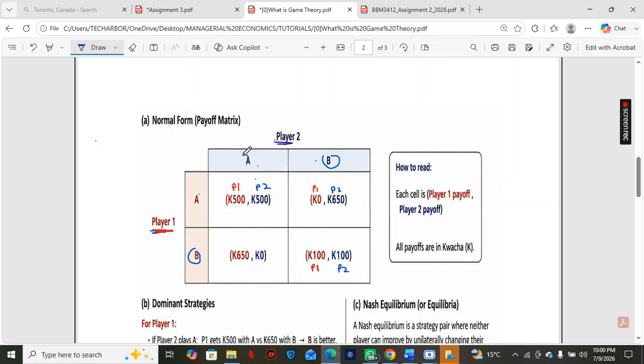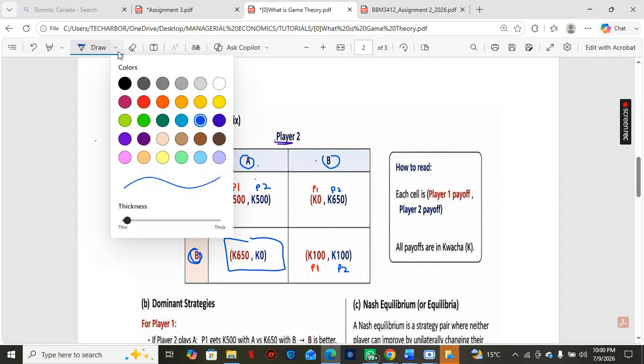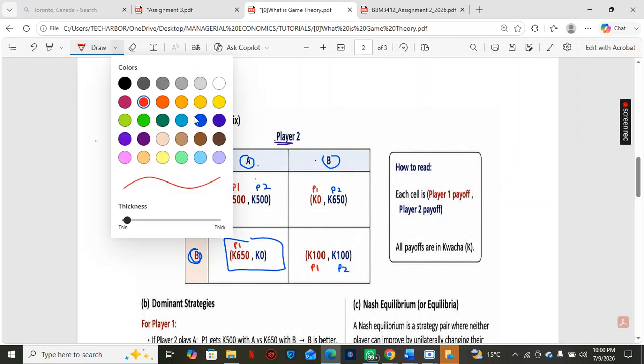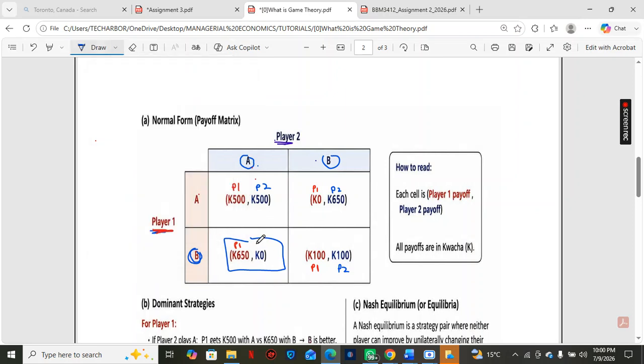Player 2 strategy A, player 1 strategy B. So it's this box here. Player 1 gets 650. Player 2 gets 0 kwacha.